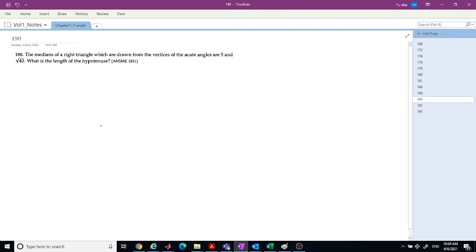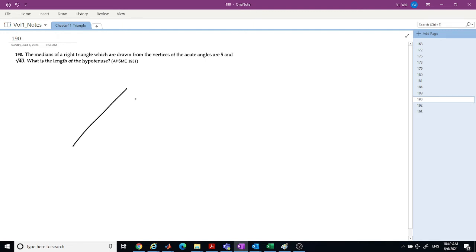Problem 190. The medians of a triangle which are drawn from the vertices of an acute angle, 5 and root 40.